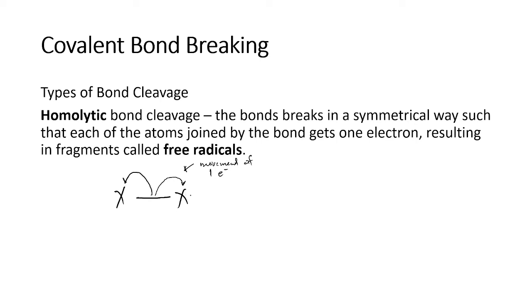So meaning to say, we will have here two X atoms, which has one electron from the bonds. So we call that atom as our odd electron. Or basically, this atom is what we call our free radical.